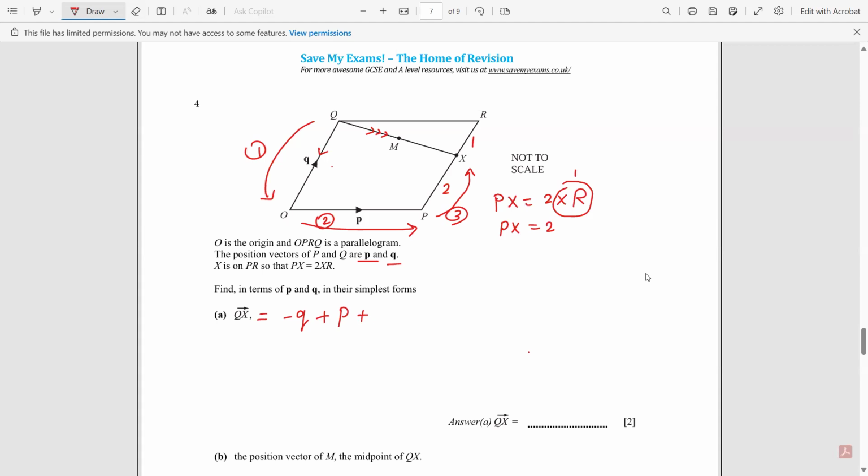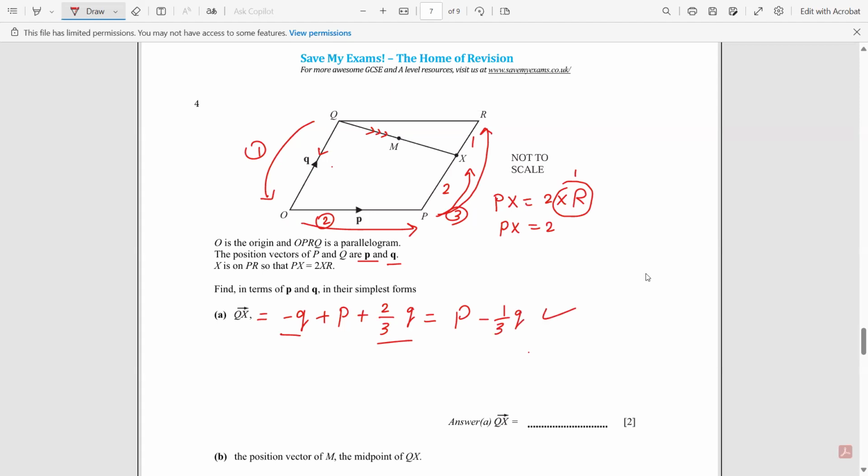And the vector PX is actually 2 parts out of 3 of the vector PR, and the vector PR is the same as the vector OQ, which is q. So the answer is p, and negative q plus 2/3 q is actually negative 1/3 q.